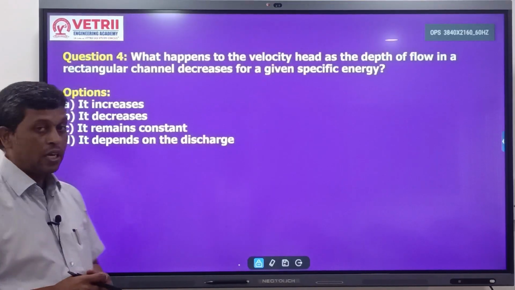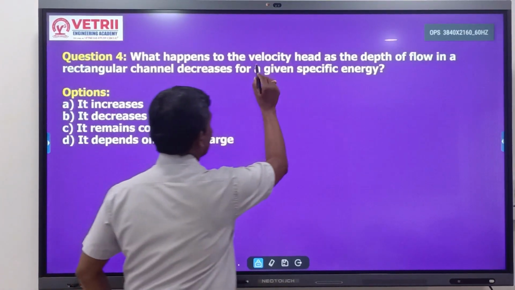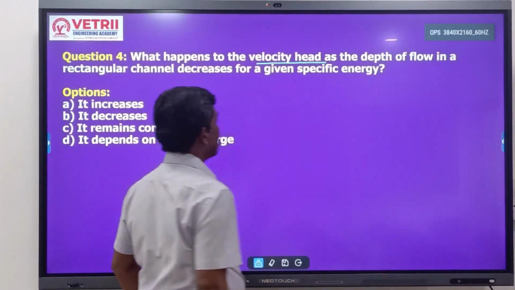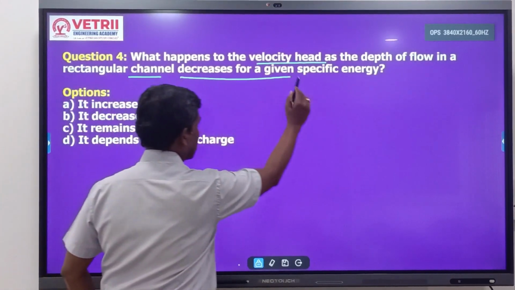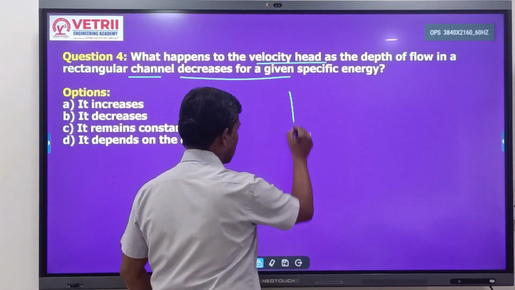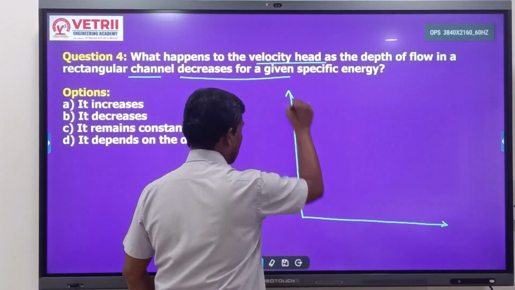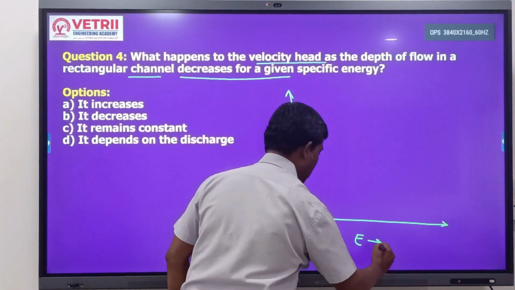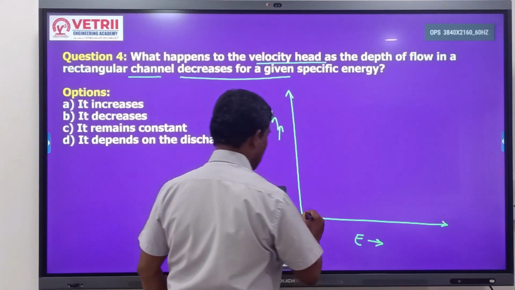The next question we have is: what happens to the velocity head as the depth of flow in a rectangular channel decreases for a given specific energy? Already we have seen this. So we have the specific energy. Again I am drawing E. Here we have the H, but we have drawn this.